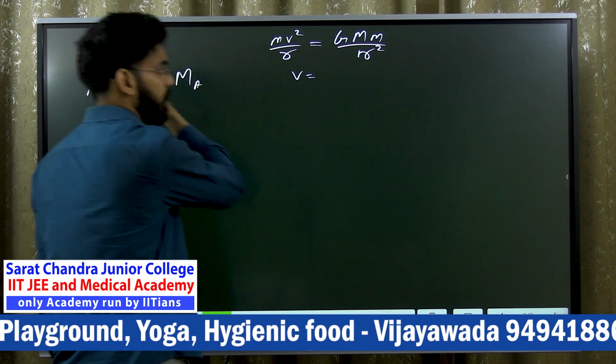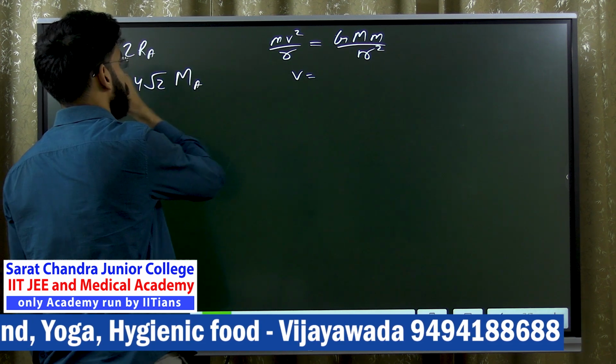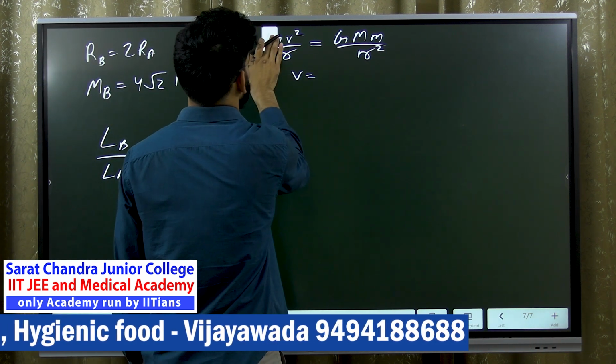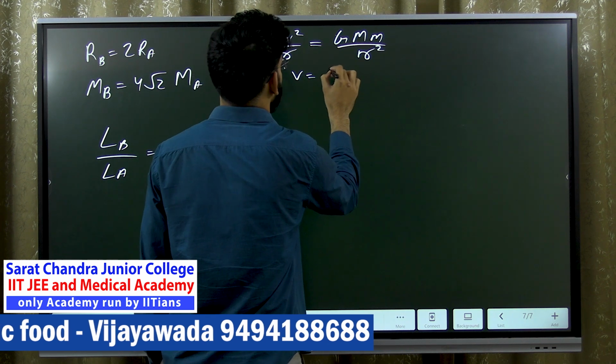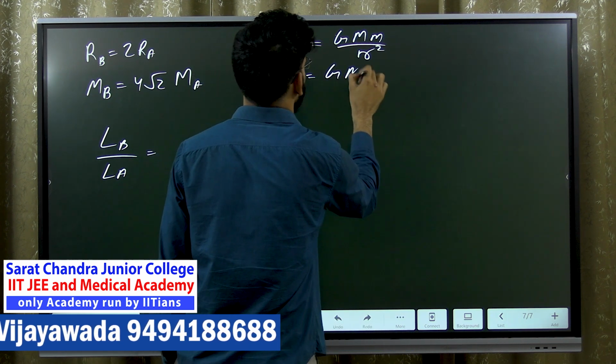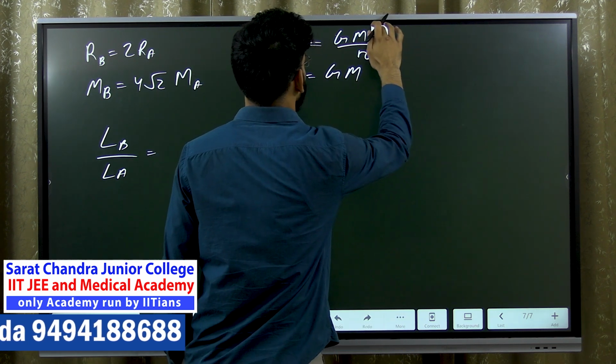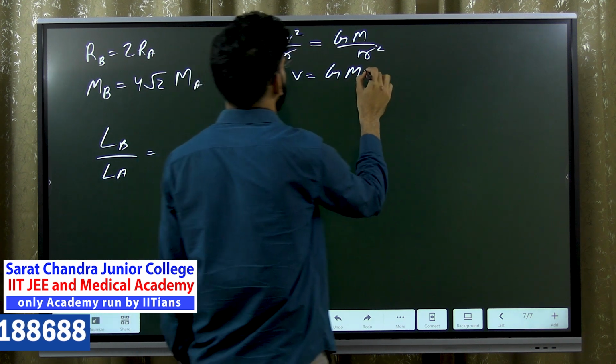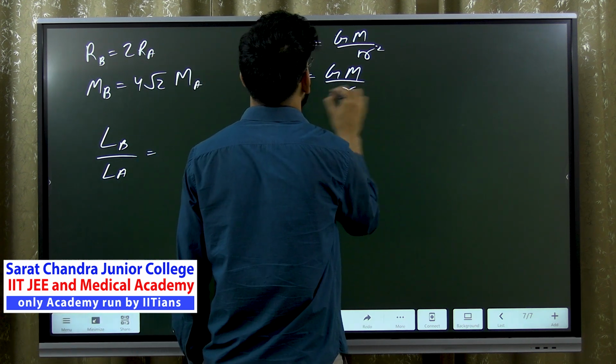We just have to check the dependence upon the mass. G M, this M went, okay, so this came GM by R under root.